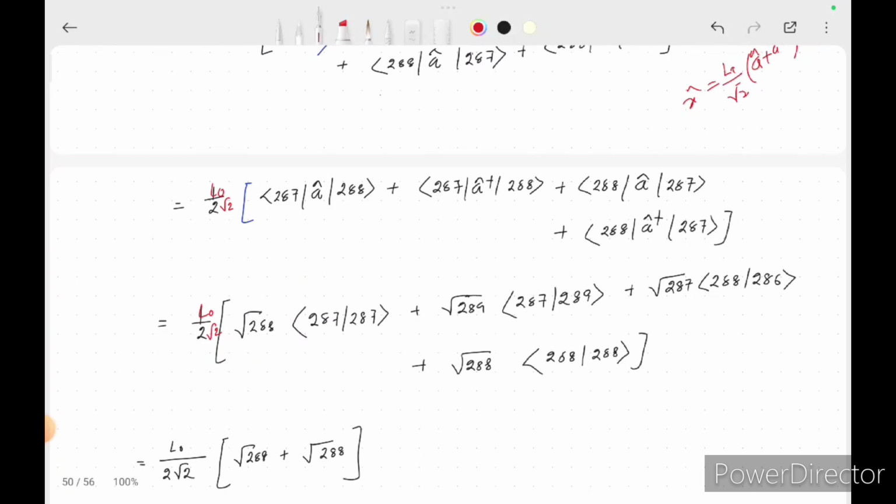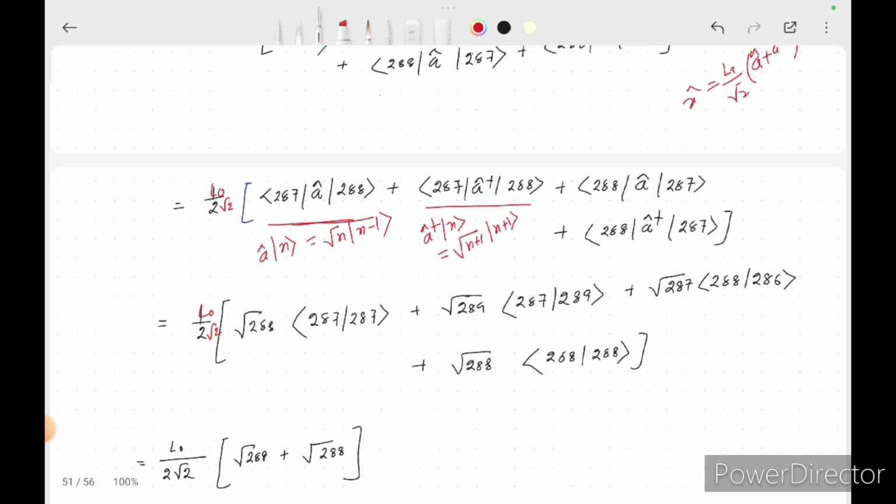So now we calculate from the first terms. We use this formula: the lowering operator acting on ket n equals root n times ket n minus 1, and for the second part we use the formula a cap dagger acting on ket n is equal to root n plus 1 times ket n plus 1.